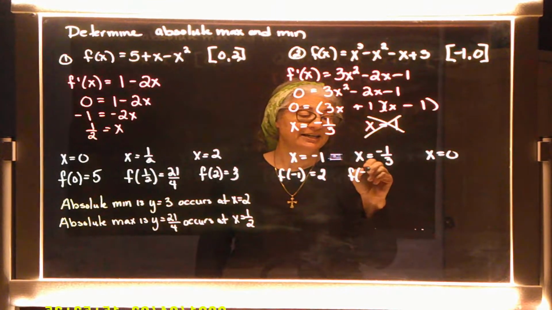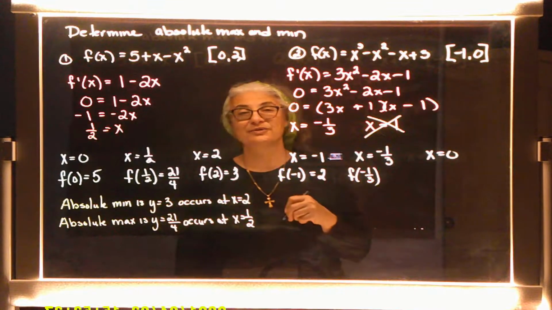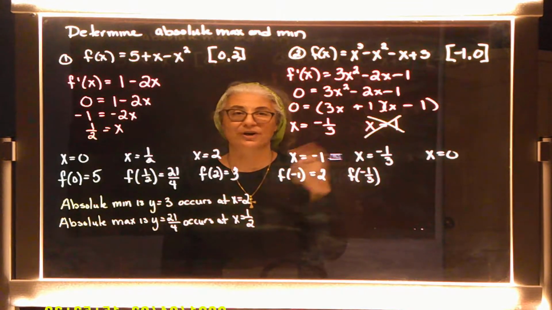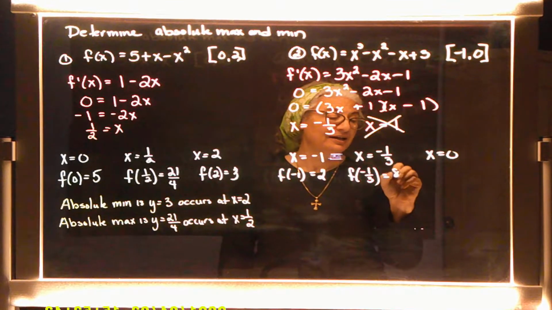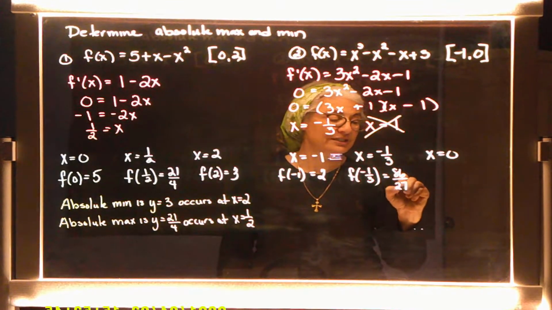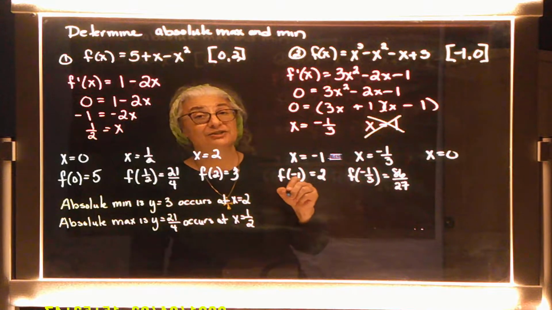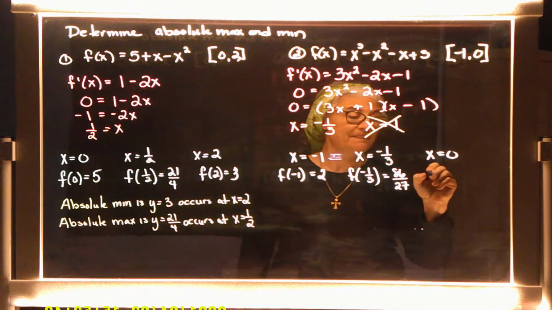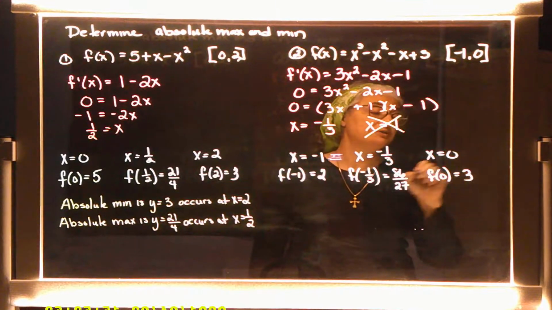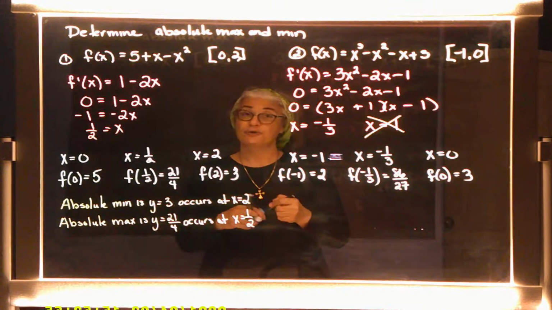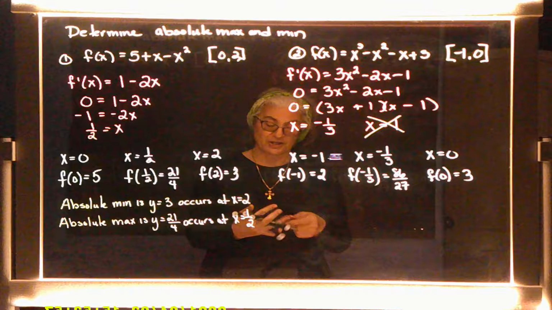For the negative 1/3, and I know some of you try to do it by hand, but if you have to use your calculator, okay. I got 86 over 27. That's a fun little number, isn't it? And then for the 0, I got 3. Agreed?